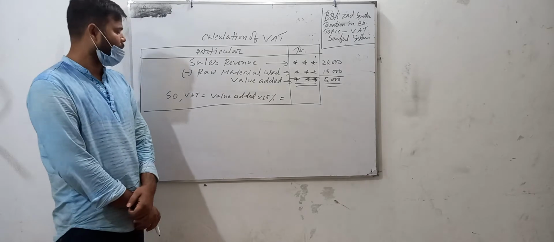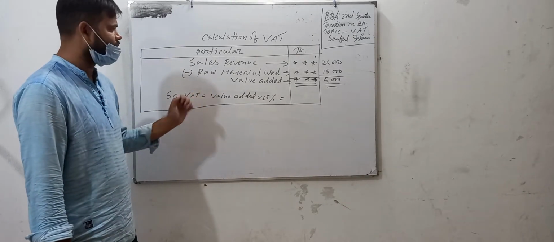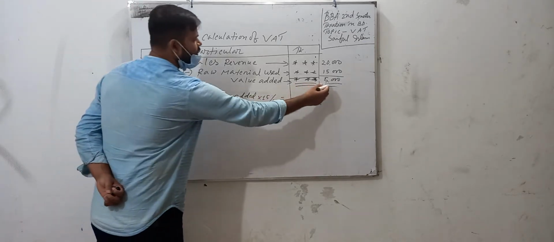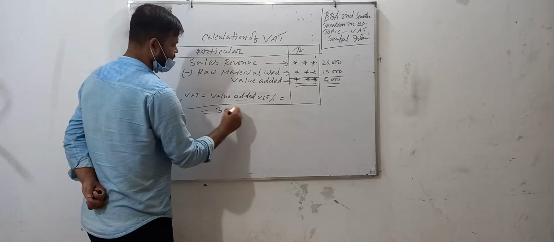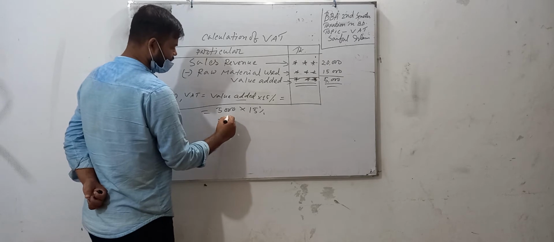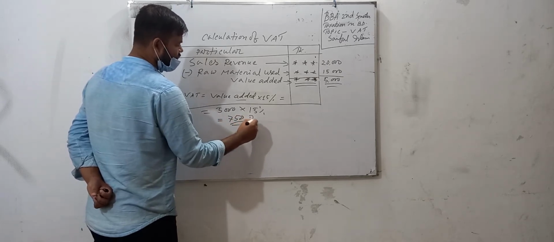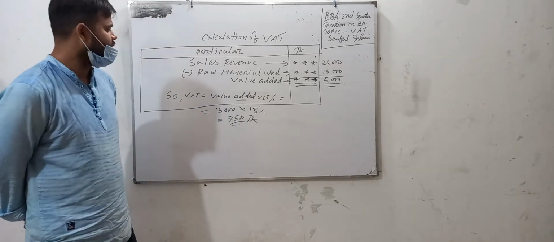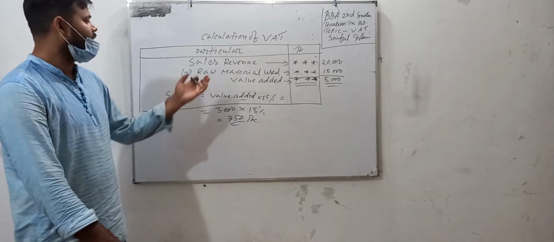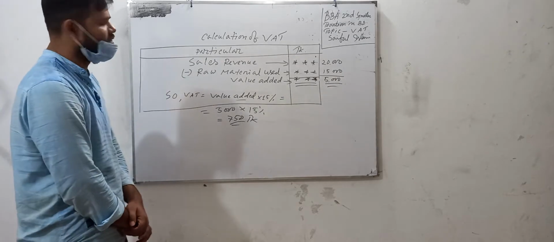Now, if I calculate VAT, then VAT will be value added, here 5,000, into 15%. That means VAT will be 750 taka. It is a very easy method for calculation of VAT.